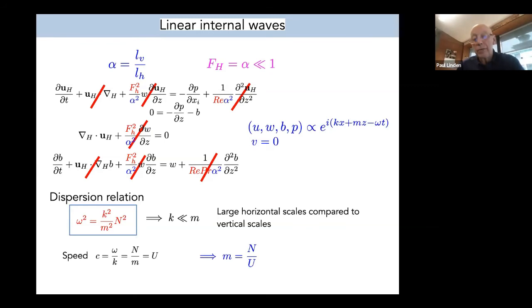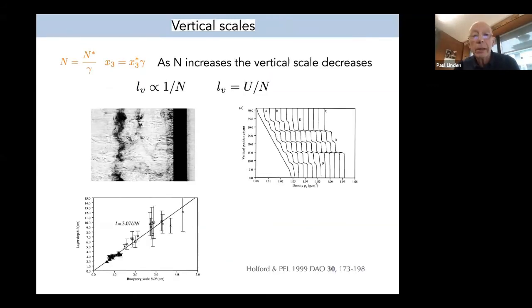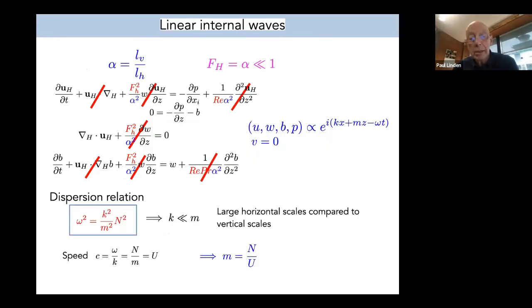But the interesting thing is, if we go back to this experiment, we were dragging this bar back and forth at a speed u. So this speed u is given, and you can ask what waves stay in phase with this bar. Well, they're the waves that travel with the same speed as u. So the wave speed at the bottom here, c, is omega over k, in the x direction.